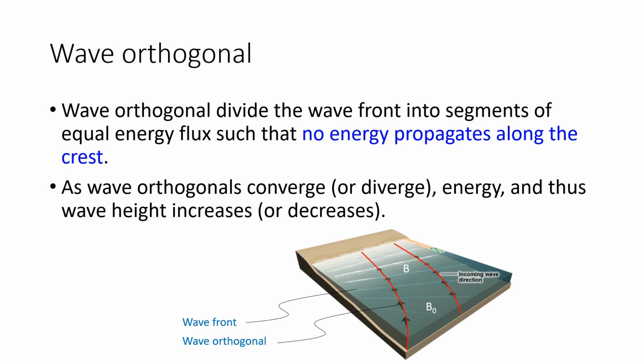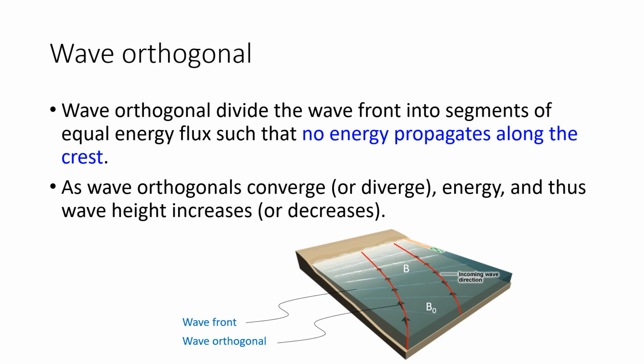On the previous slide, the orthogonal is shown in red as well. As we mentioned, the wave is refracted and becomes increasingly perpendicular to the shoreline, whereas the wavefront is parallel to the wave. So they are in the perpendicular direction.